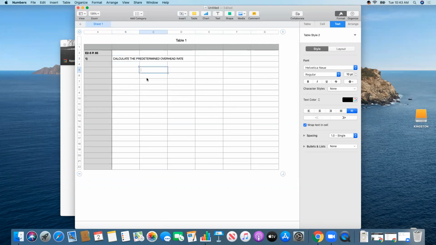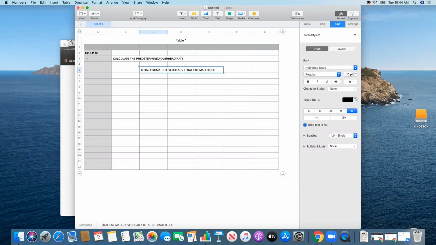Now, to do that, we need to know total estimated overhead, and we need to divide that by total estimated direct labor hours, DLH.